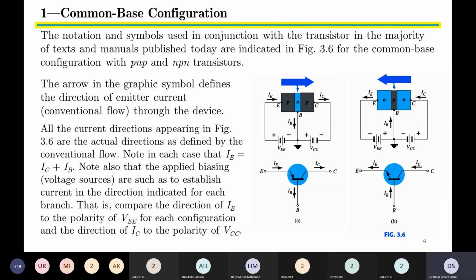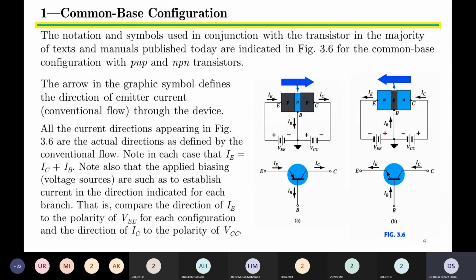That is, compare the direction of IE to the polarity of VEE. If we compare the polarity of voltage VEE to the direction of current IE, we will see that the voltage VEE establishes a current IE in the direction as shown.